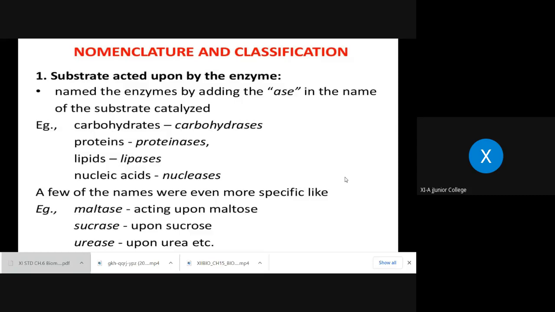A few of the names are even more specific, like maltase acting upon maltose, sucrase acting upon sucrose, urease which acts on urea. These are very specific. The name of the substance is mentioned, and at the end, ASE is added.